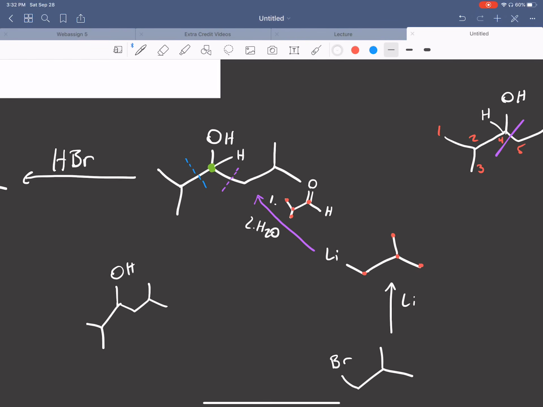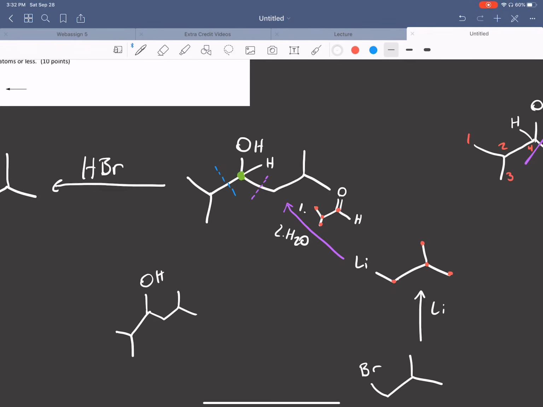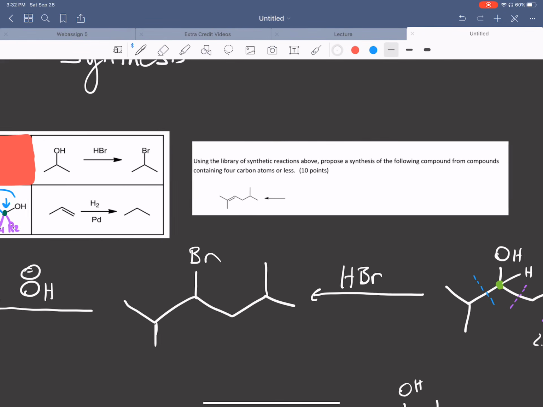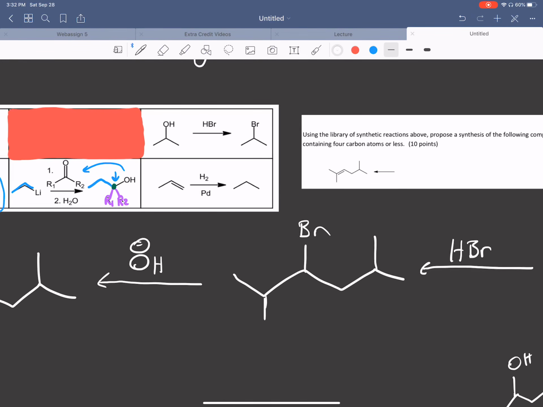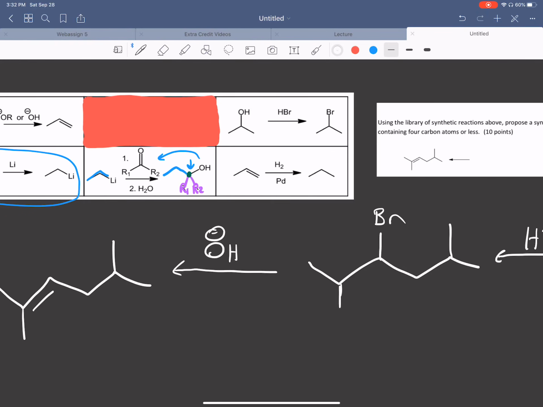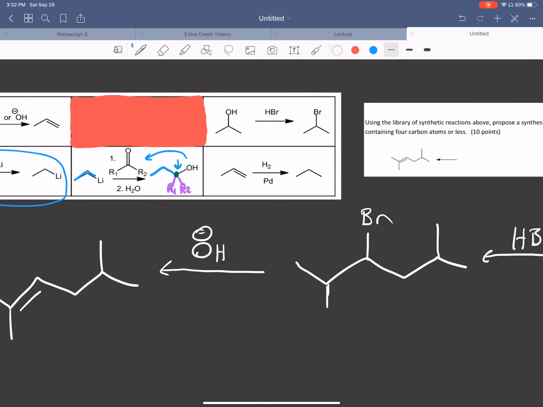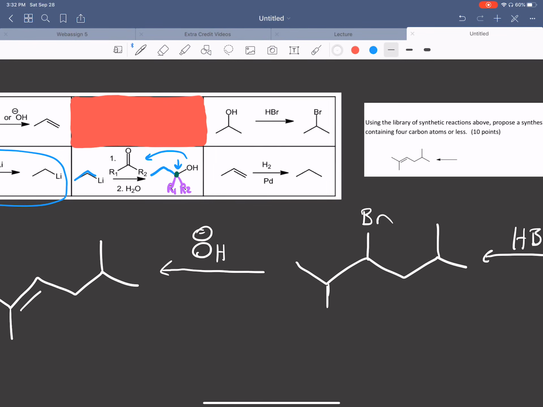Okay, and now going forward, we had an OH, and so we added HBr. So adding HBr just replaces an OH with Br. That works. And then we had an elimination reaction. We put an OH minus and it removed the Br and put a double bond in its place. Okay, and so remember, we're always going to form the most stable double bond we can.